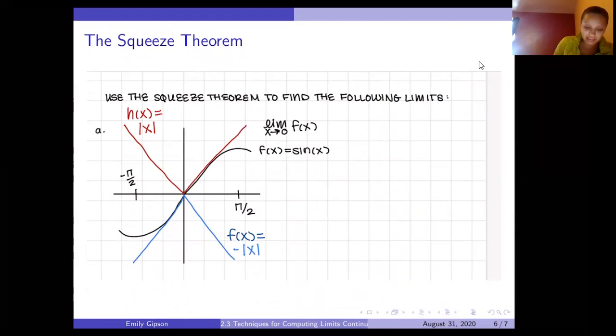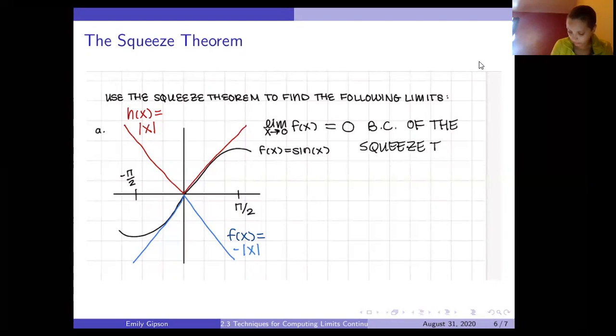So the limit as x approaches 0 of sine of x better equal 0. So hopefully that makes sense.